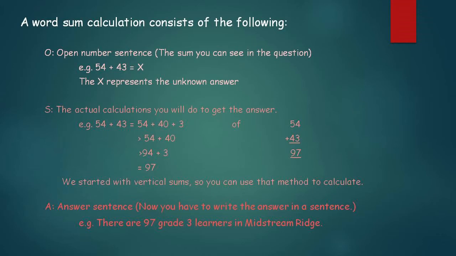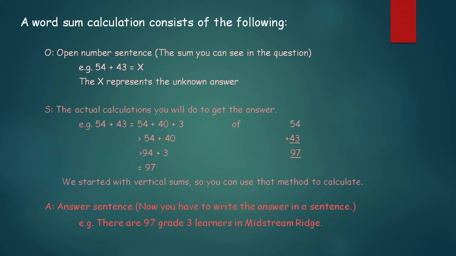So instead of doing it like we used to horizontally, where we would say 54 plus the 40, get an answer, plus the 3, get an answer, when we're going across, you could now just put the numbers underneath each other and add them from top to bottom, starting at the units vertically. So you would say 4 plus the 3 is 7, 5 plus the 4 is the 9. There's no carryover, so we've got 97.